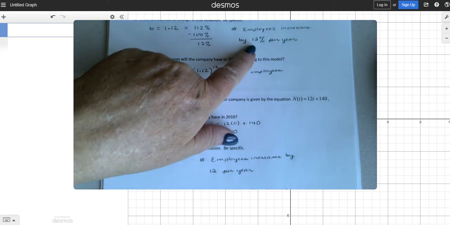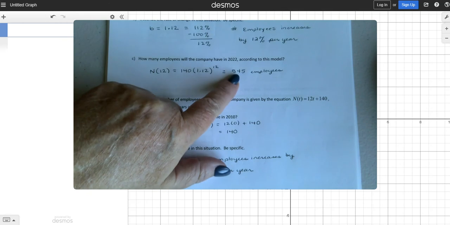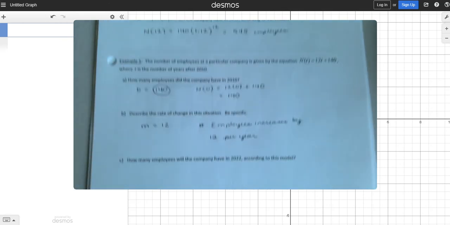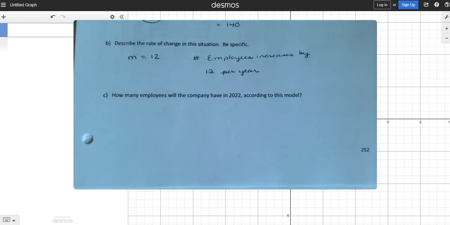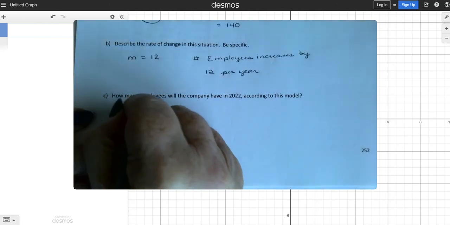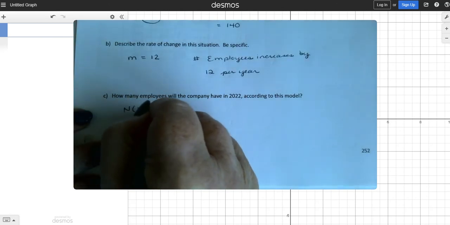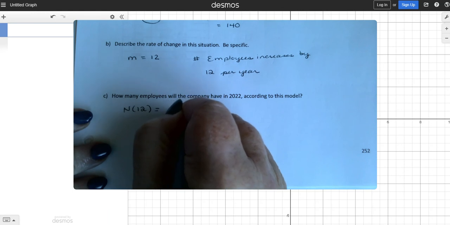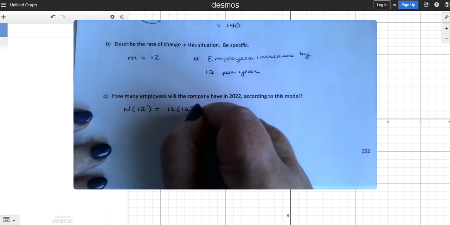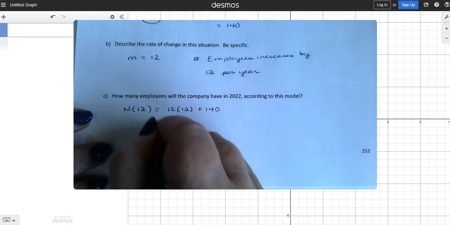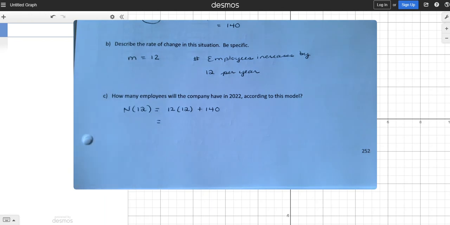Remember, with the relative growth rate here, we had 545. Let's see what we get with the constant growth rate. We would want n of 12. So 12 times 12 plus 140 is going to give me 284.